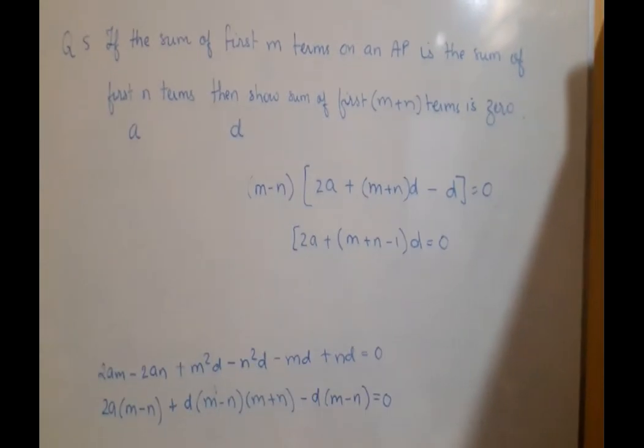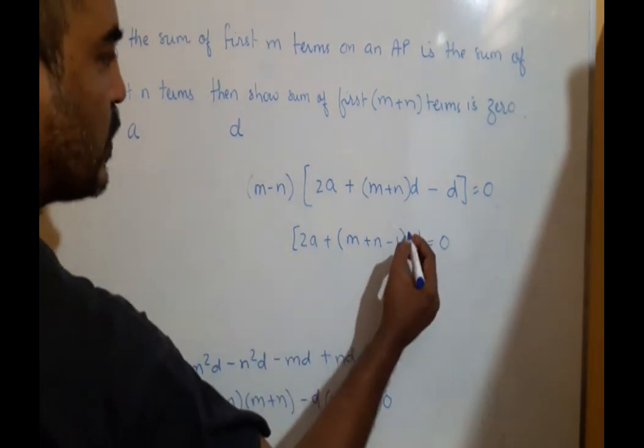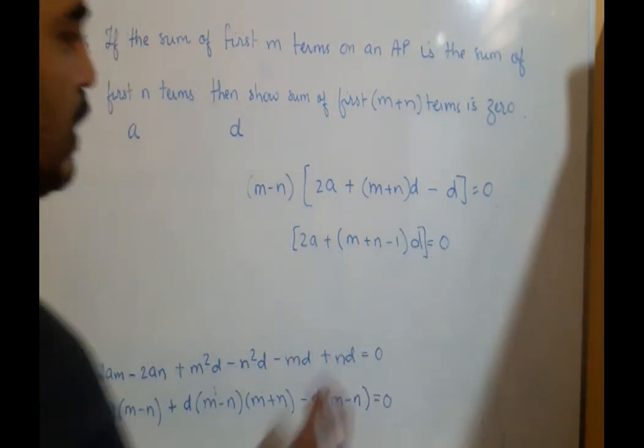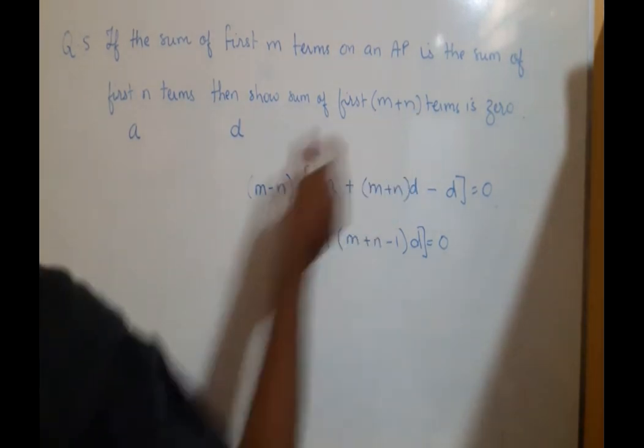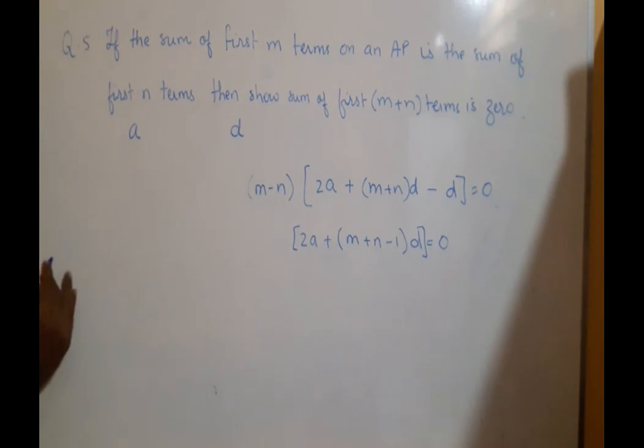So when I solved Sm equal to Sn, when the sum of m terms and sum of n terms are equal, by solving, finally I get 2a plus m plus n minus 1 d equal to 0. And what were we supposed to find? We were supposed to find the sum of the first m plus n terms. So we have to find S m plus n.